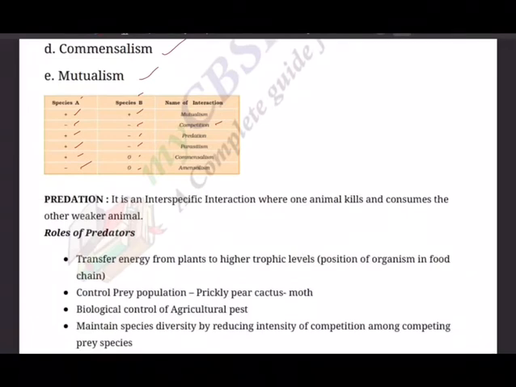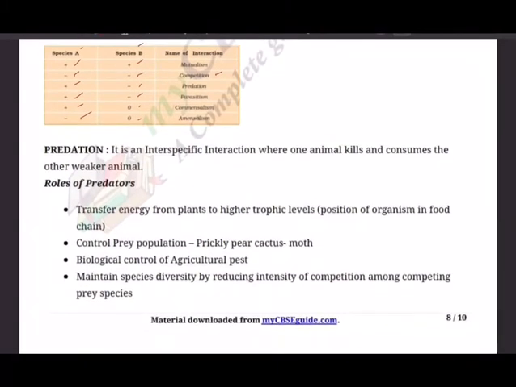So let's talk about predation. It is an interspecific interaction where one animal kills and consumes the other weak animal. Just now we said predator. The role of predators: they transfer energy from plants to higher trophic levels. Like, you know, we have trophic levels in a pyramidal shape.